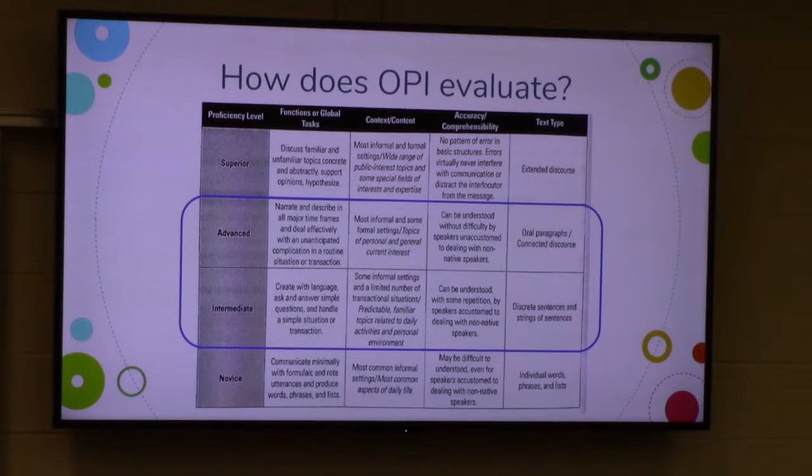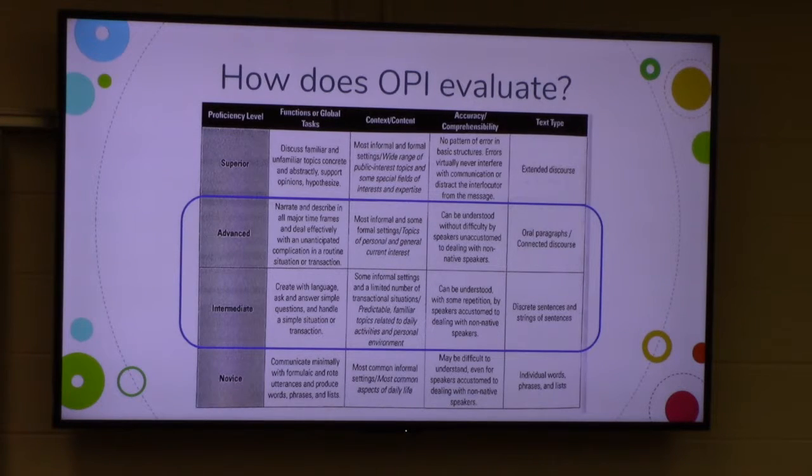When we are training our 200 level, intermediate level students, we are pushing them to the advanced level. So I always keep in mind that I'm training my students for the next level, so I need to be very familiar with the criteria of the next level.